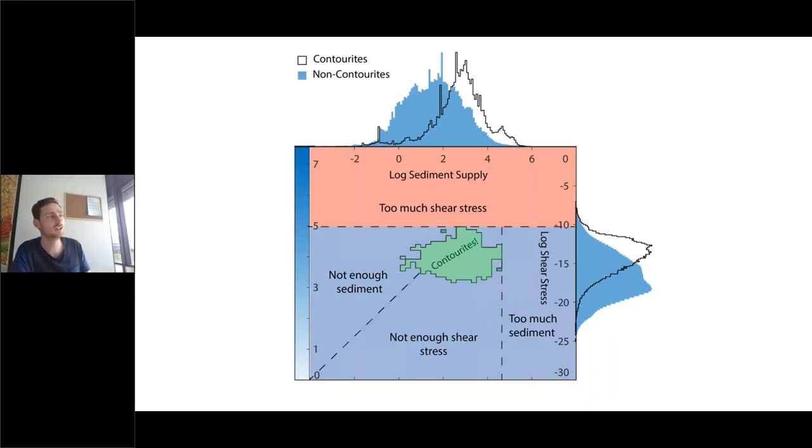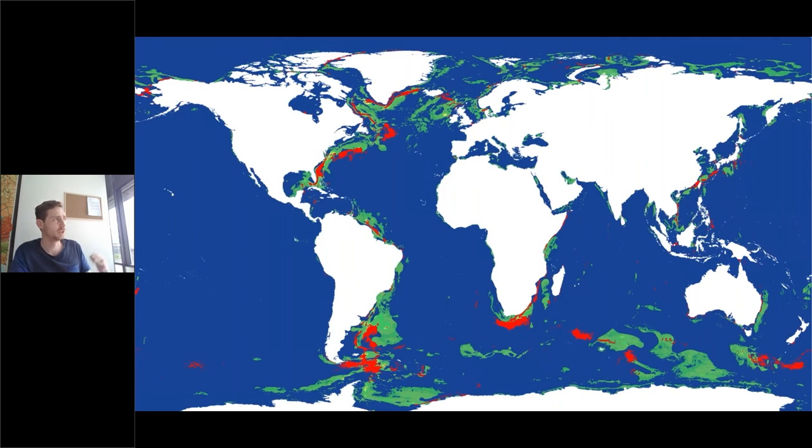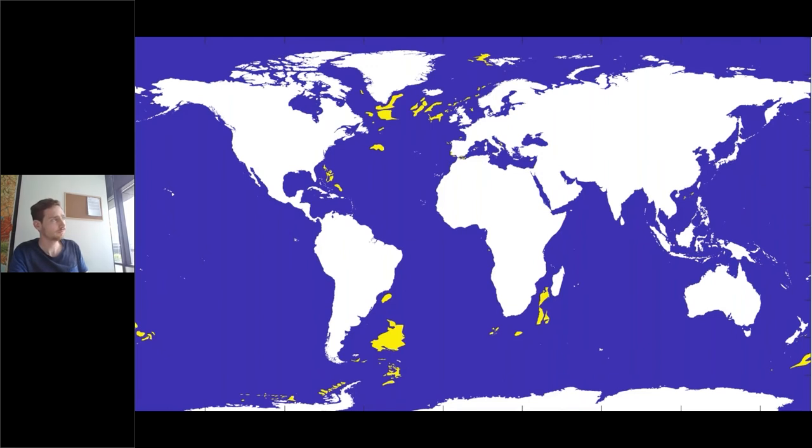And I color code these to graphically depict the prediction. The prediction looks like this, where the green areas are predicted to be contourites, and the red areas are predicted to be bottom current erosion, and then the blue areas are neither deposition nor erosion, so they're the stasis areas.